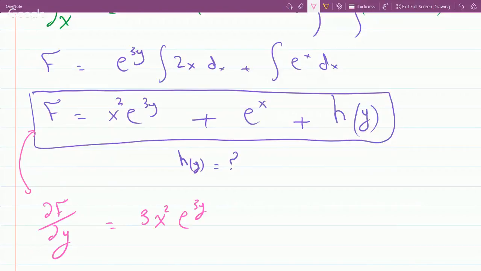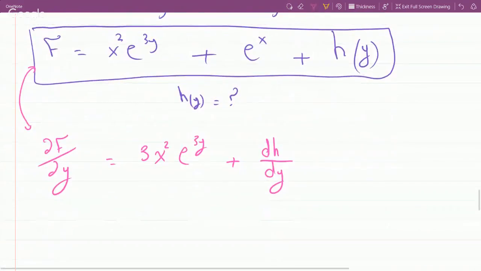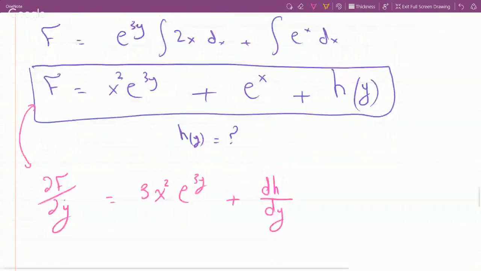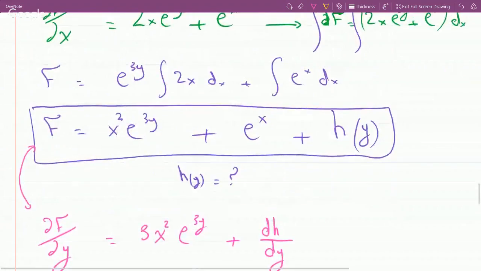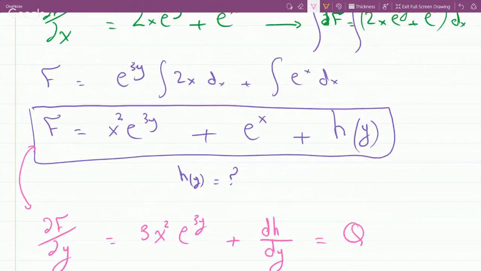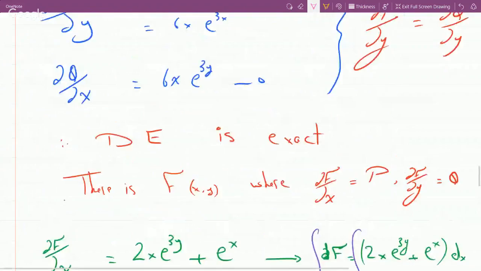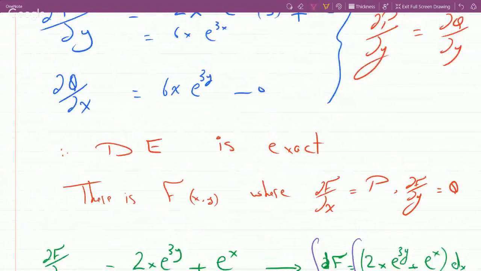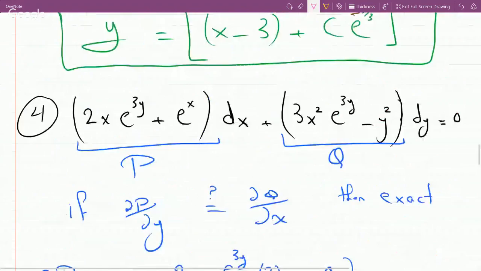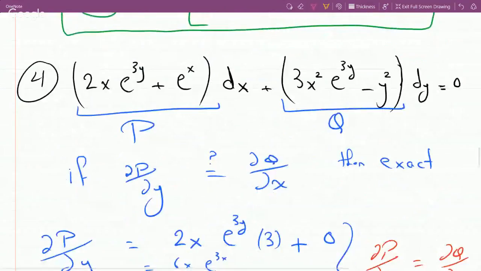E to the x is 0 because there is no y, and h of y is just dh over dy. And this has to equal my Q, because df over dy is also Q, as we said here. And Q is 3x squared e to the 3y minus y squared.